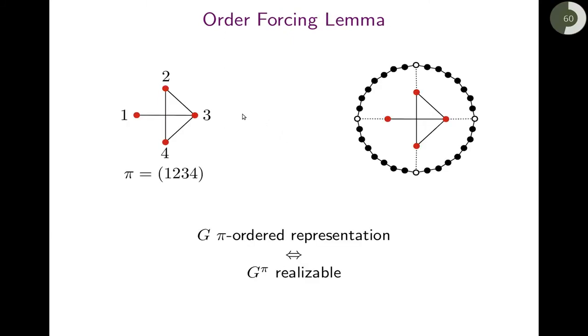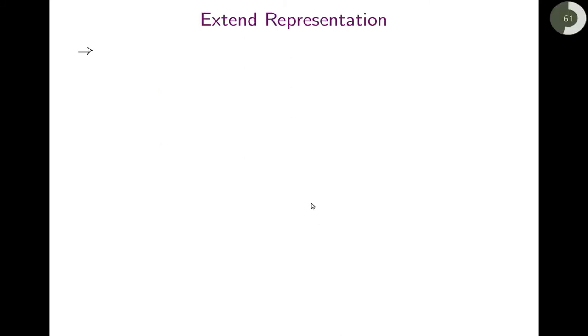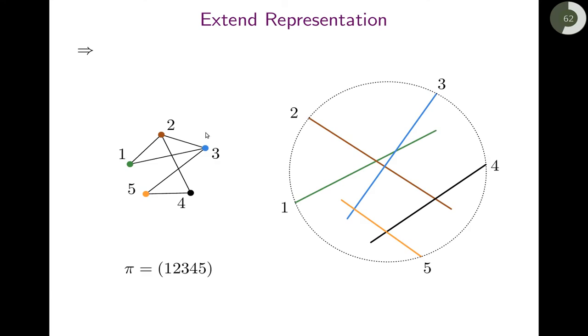So the one direction, right? We have an if and only if. So let's assume that we go the only if direction. So the idea is we extend the representation. So let's say we have this graph, and we have a pi-ordered representation of it at the cycle of segments on the boundary.